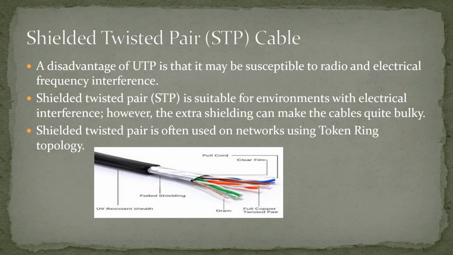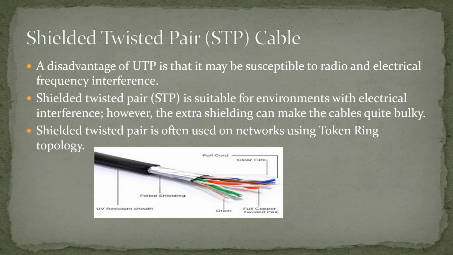Now we have the shielded twisted pair cable, also known as STP. As I mentioned earlier, the UTP has its disadvantage that it is susceptible to radio and electrical interference. But the shielded twisted pair cable has a shielding which can absorb these interferences so that the communication is smooth and fast.